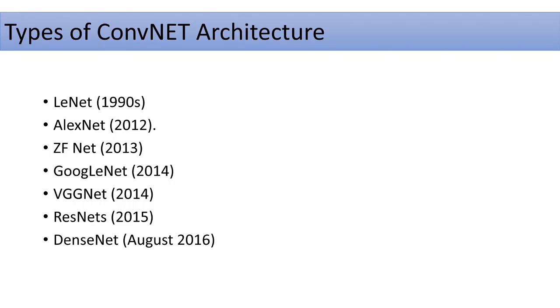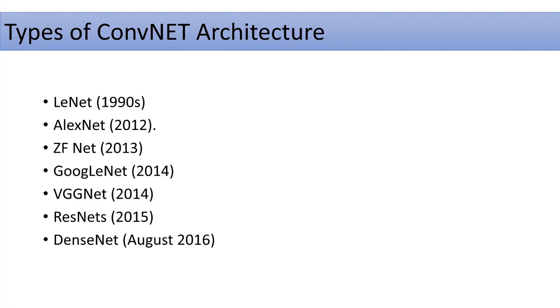After that came ZFNet, which was developed in 2013, which was a winner at a convolutional neural network competition. It was also an improvement over AlexNet by tweaking the architecture parameters. In 2014, Google came with the GoogleNet convolutional neural network architecture.